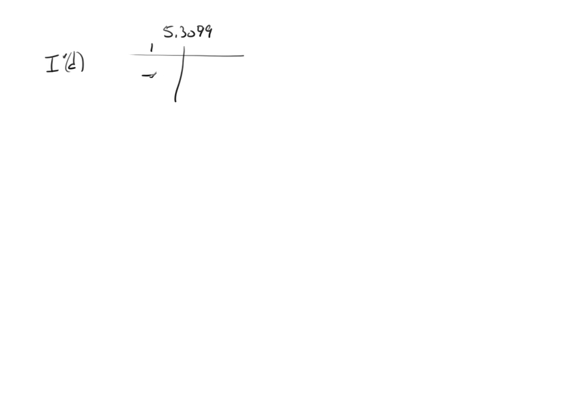I don't really care what the actual number is, just whether it's positive or negative. I'm going to pick something bigger, how about 10? When I do that, I get a positive value. So this tells me that my derivative is negative, it's going down. At 5.3099, I get a 0, so it's horizontal, and then it's going back up.